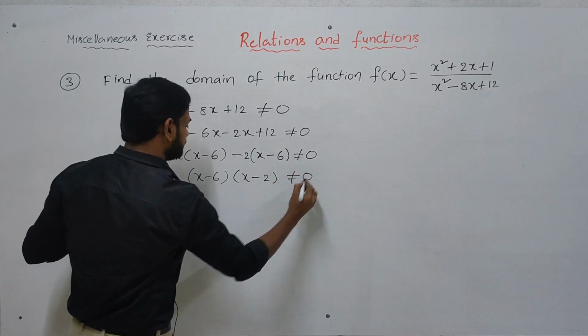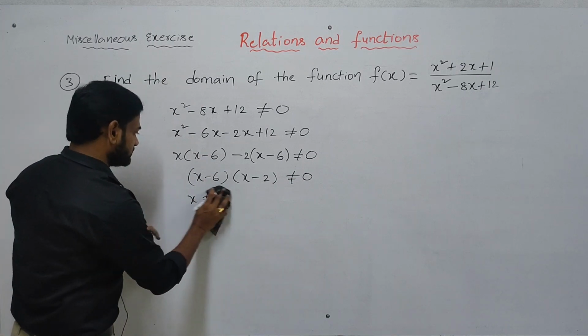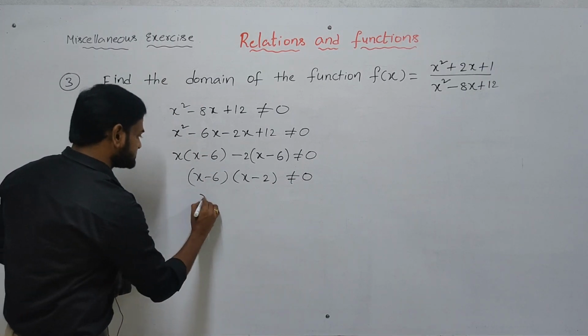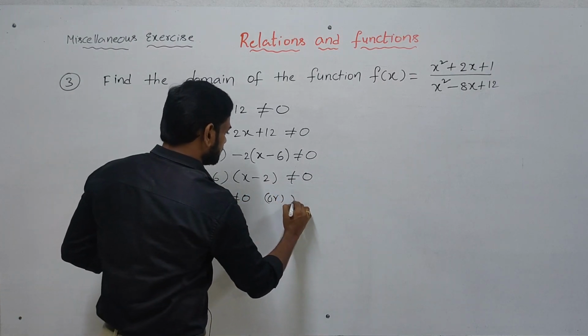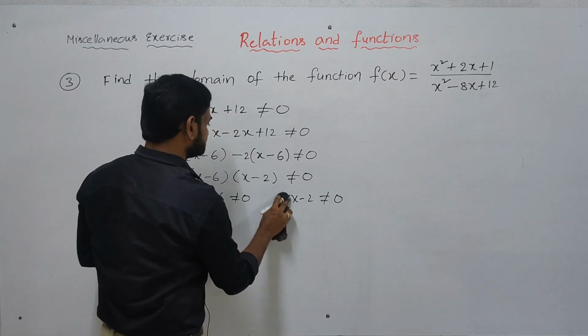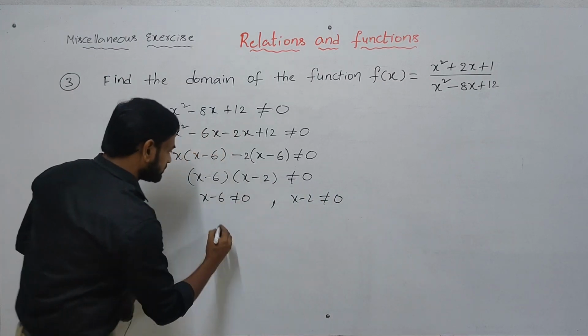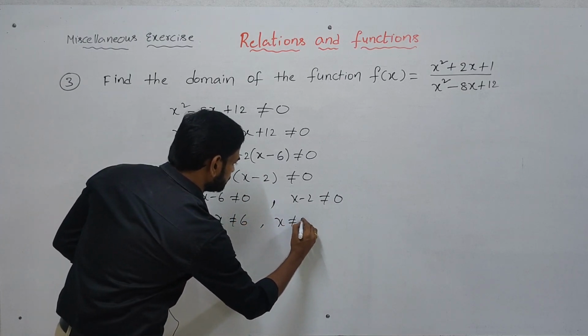Not equal to 0. So x minus 6 not equal to 0, or x minus 2 not equal to 0. So x not equal to 6, comma, x not equal to 2.